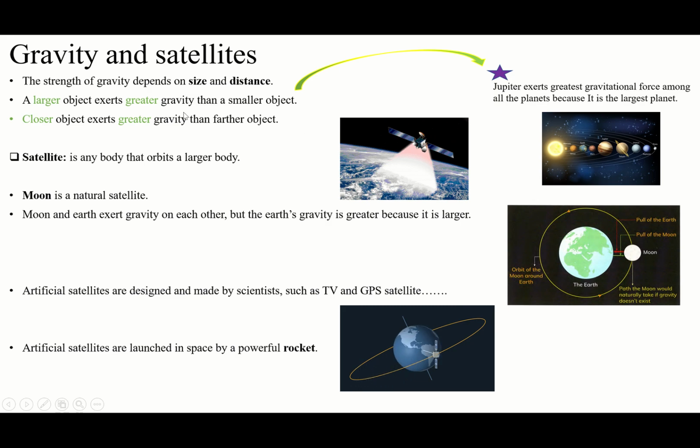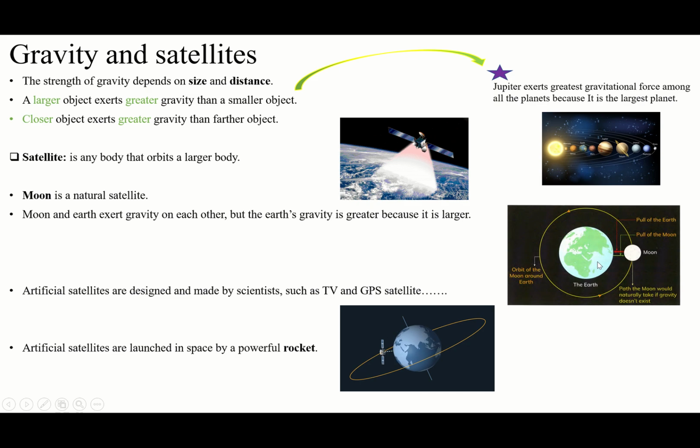You see, it said a larger object exerts greater gravitational force than a smaller object. If we compare the gravitational force that Earth exerts on Moon and Moon exerts on Earth, we understand according to this rule that the larger object exerts greater force. We say directly Earth exerts a greater gravitational force.